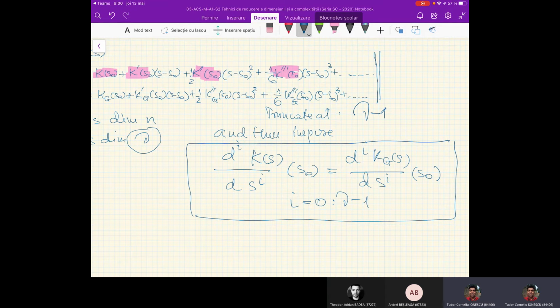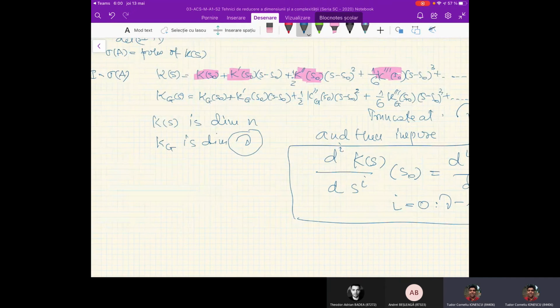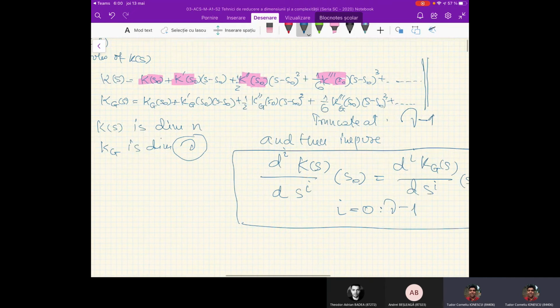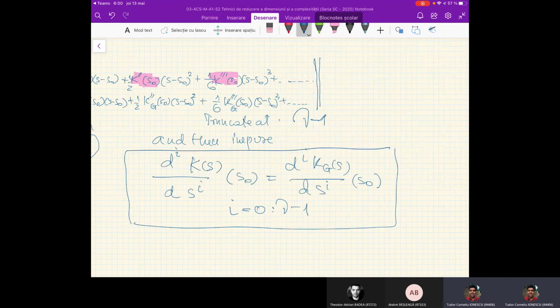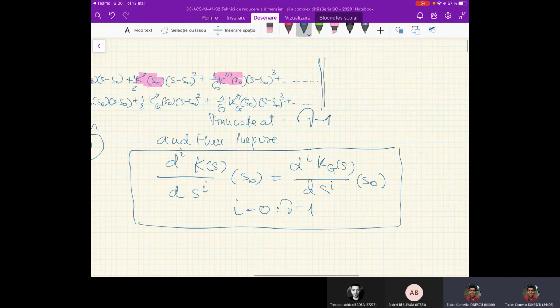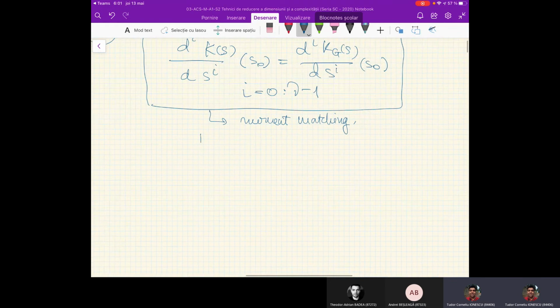Given Ks, find Kgs of dimension n, such that these conditions are satisfied simultaneously. This is called moment matching. Of course, there is a big mathematical background behind all this. The general problem comes from the general problem of interpolation.